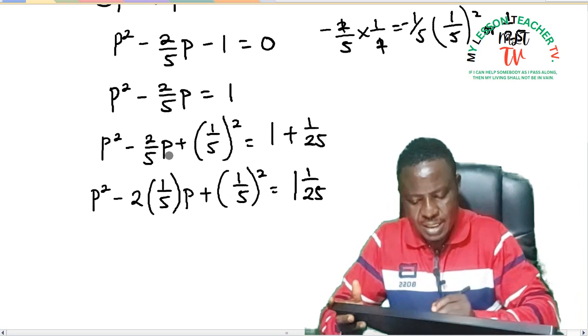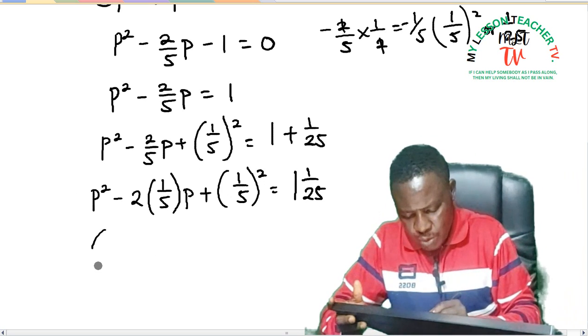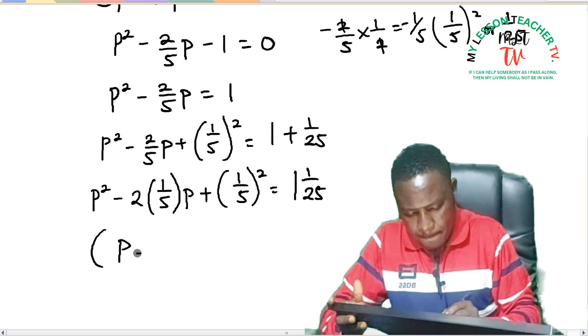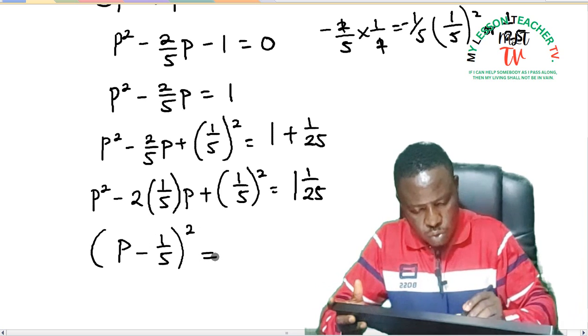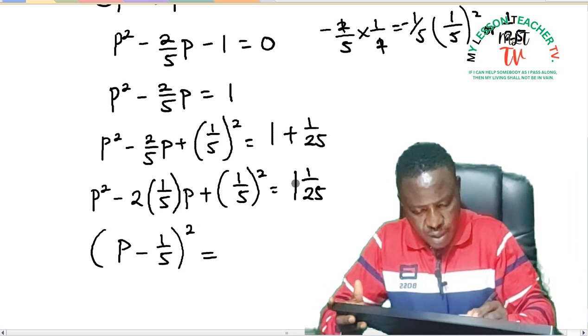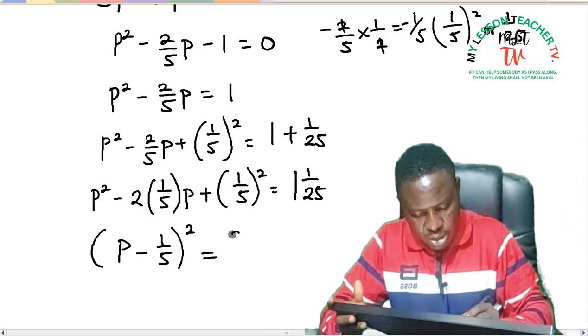Then you can factorize this. Since it is now a perfect square, this becomes p minus 1 over 5 all squared is equal to 25 times 1 is 25 plus 1 is 26. So you have 26 over 25.